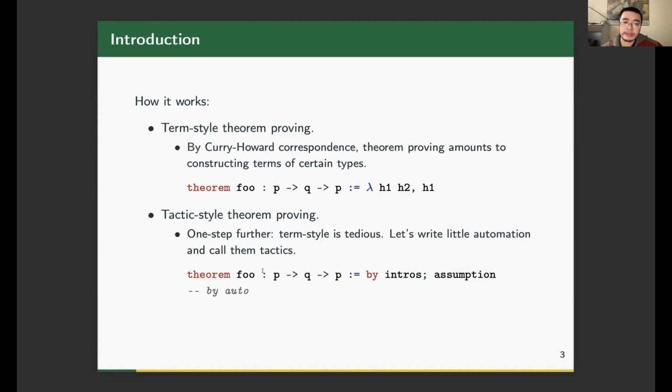And in case the target theorem is simple enough, or we have certain domain-specific decision procedures for that, we can develop even more advanced tactics, such as this auto. What this auto does is that it implements the decision procedure for propositional logic, and it will solve the goal directly.